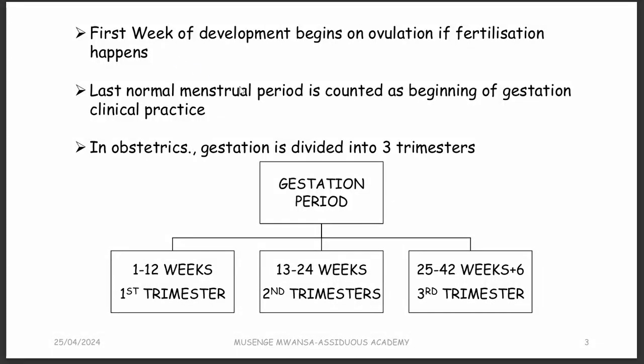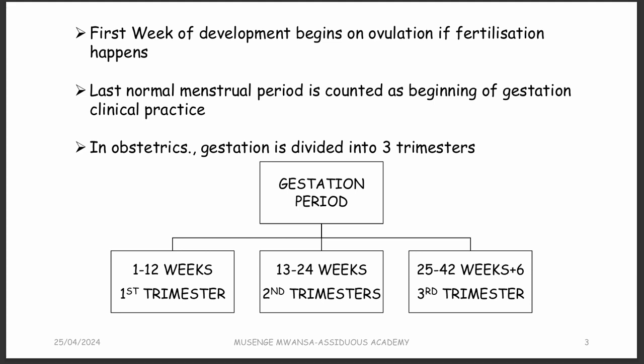So when you are talking about the gestation period or the pregnancy period, the first week of development is going to begin on ovulation, that day when a woman releases the egg. Remember, you have the menstrual cycle. The menstrual cycle is roughly 28 days on average.